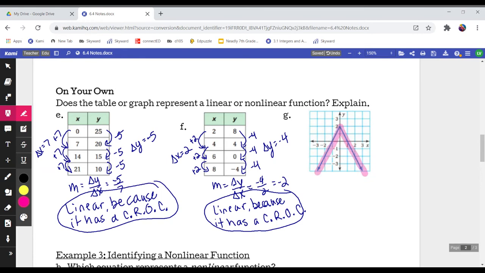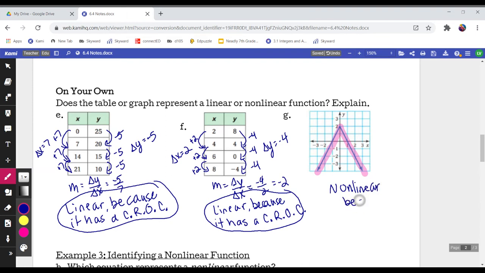They are two different straight lines, but it's not one single straight line. So this is nonlinear because it is not a straight line.